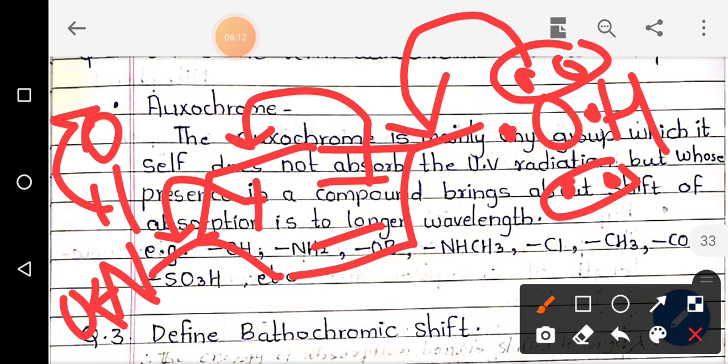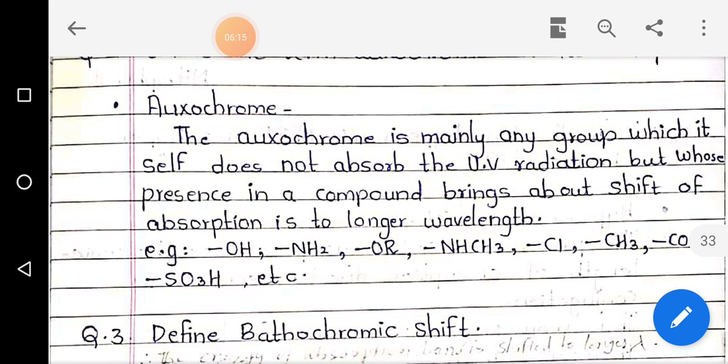So it generally happens in dyes also. This is all about the OH group.